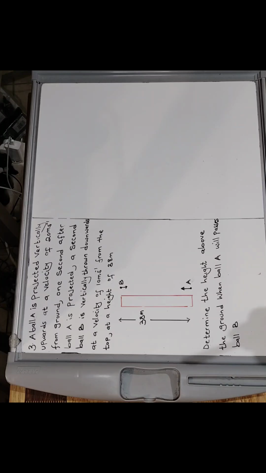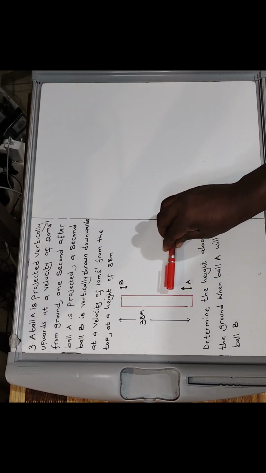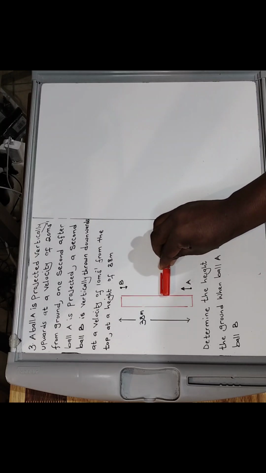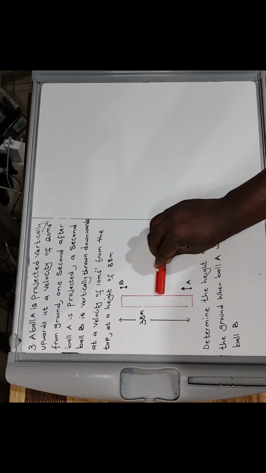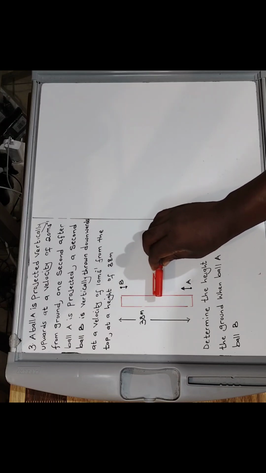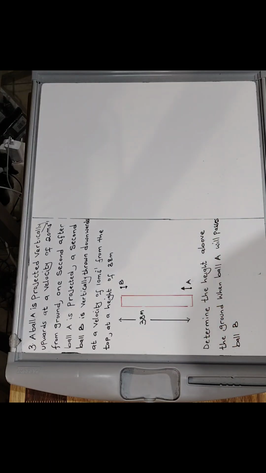We are going to find out the height or the displacement covered by ball A before ball B started moving, and in that displacement also, we need to calculate the new velocity after 1 second. So after finding those two variables, now we can equate ball A and ball B because they'll be both moving.